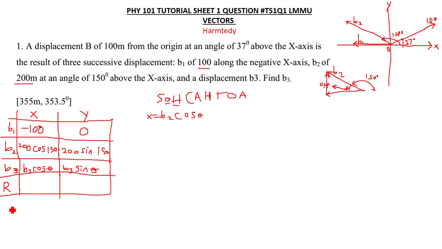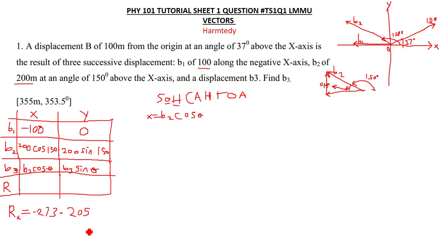So the resultant x component will just be equal to this. We said when you add the two there, you get negative 273.205.